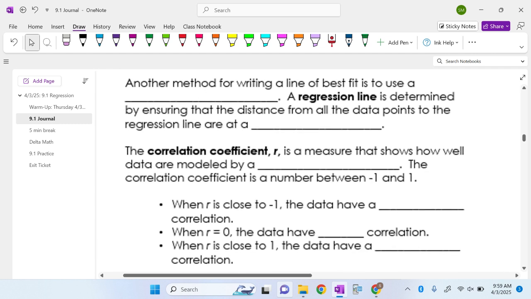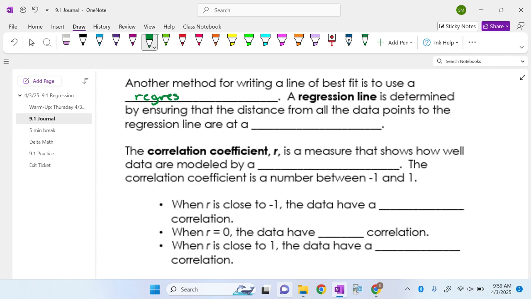All right. So another method for writing a line of best fit is to use a regression. So we've already talked about regressions before. All right. So remember, a regression line is determined by ensuring that the distance from all the data points to the regression line are at a minimum.